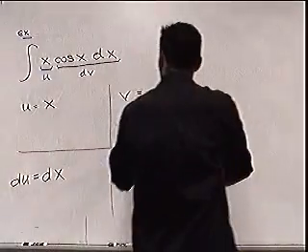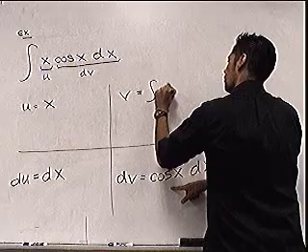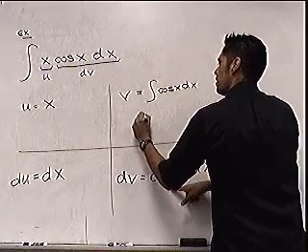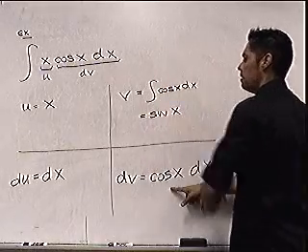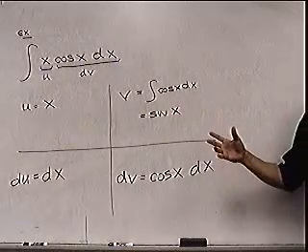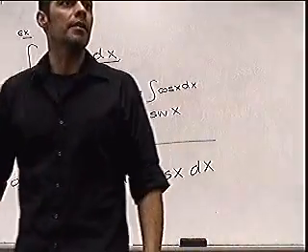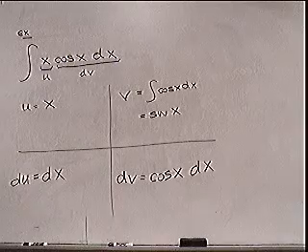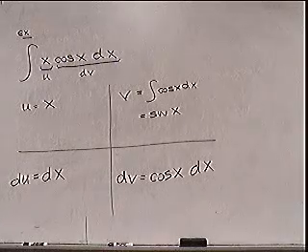So to get v, I'm integrating this, which is sine x, right? Now you could say plus c, but we're going to get a plus c at the very end anyway. So I'm not even going to put it there right now. With me?